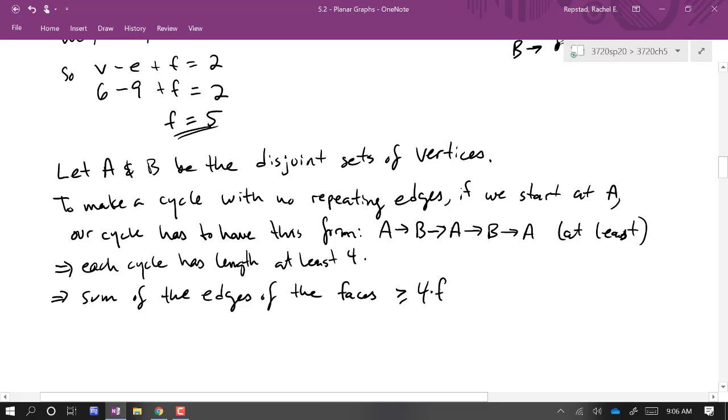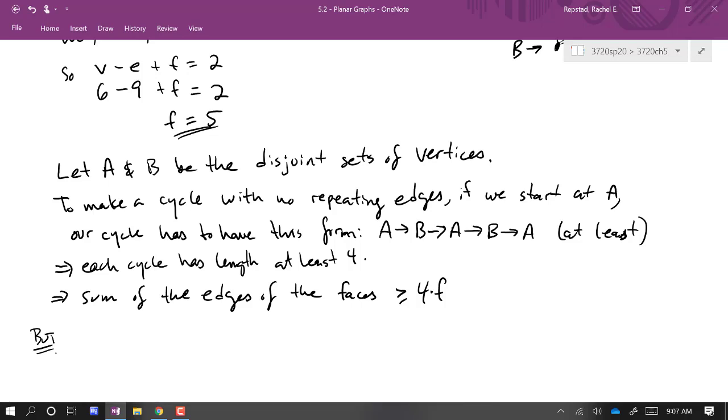Now this will double count some edges, right? An edge is going to be like a border between 2 different faces. But if I just take each face and add up all of its edges, that'll be at least 4 times f, because each of those faces is defined by a cycle of length at least 4. But now we've double counted some edges, but we certainly haven't counted any edges more than once, right?